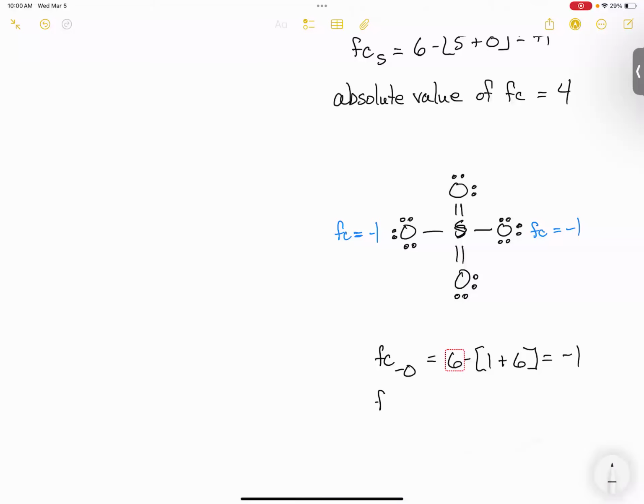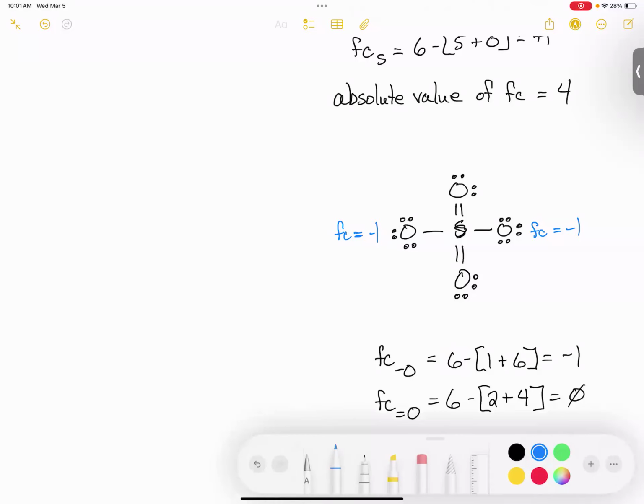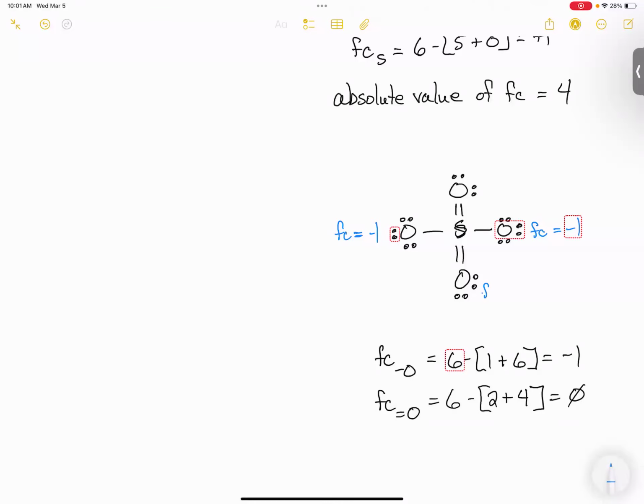The formal charge on our double bonded oxygens is 6 valence electrons minus 1 for every bond. The double bonds, there's 2, 1 for every dot. There are now 4 for a total of 0. So the formal charge on the double bonded oxygens is equal to 0.